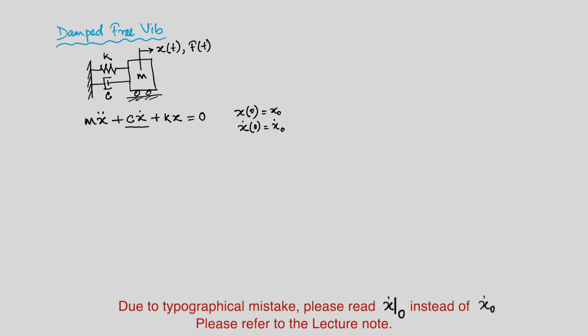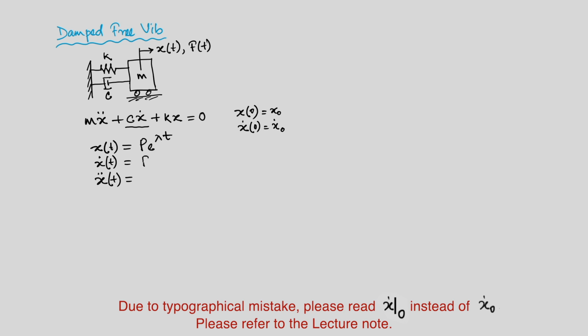So in this case also we will assume a trial solution. The trial solution, x of t, is equal to p e to the power lambda t. Now if this is the trial solution, obviously x dot of t and x double dot of t we can easily derive.